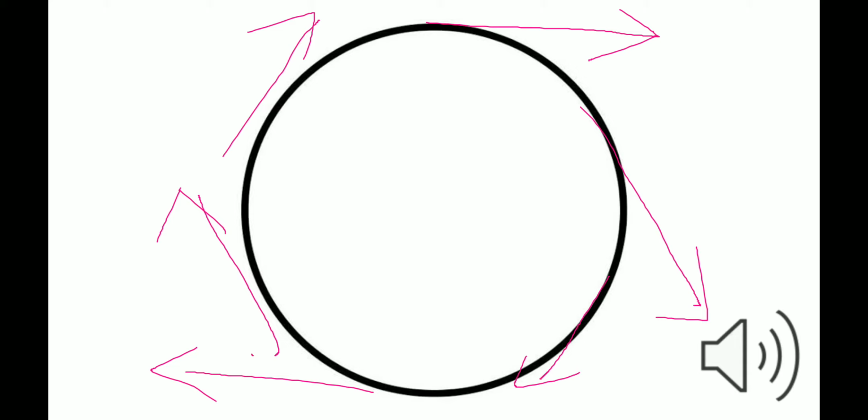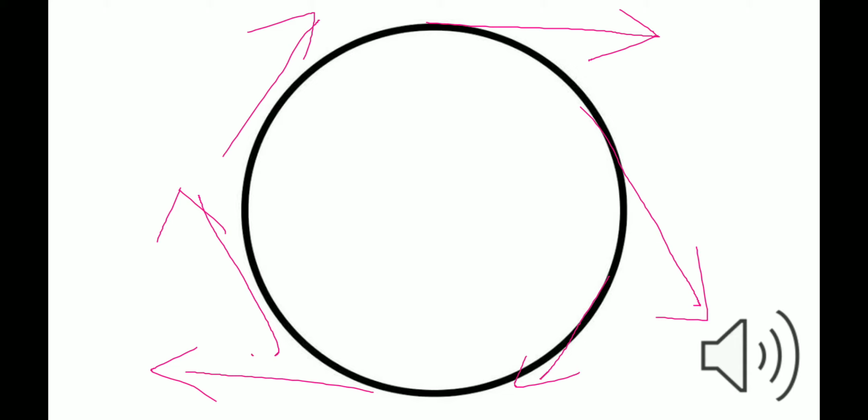And if a body is moving in a circular path, that means the velocity of the body is changing infinite times. And as a result, acceleration is produced at every point on the circumference of the circle.